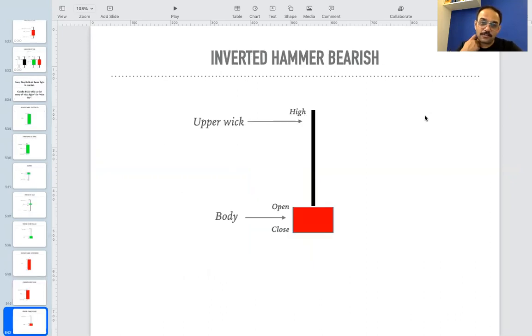Here Shirish is asking, why is the inverted hammer called a bullish pattern? Isn't it a bearish pattern? Yes, it is a bearish pattern. The only thing is it was green. This is more bearish, right? So it opened here, it went up. So bulls pulled it to the highest point.